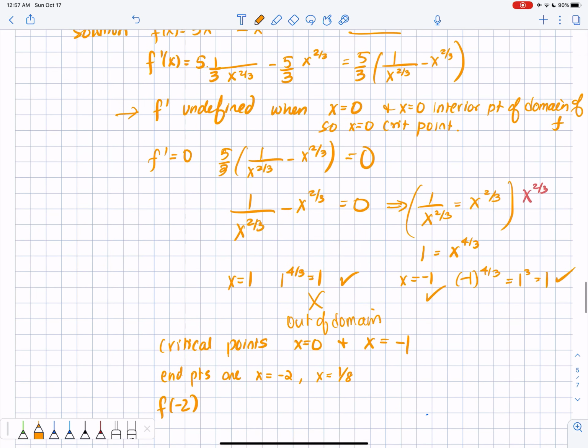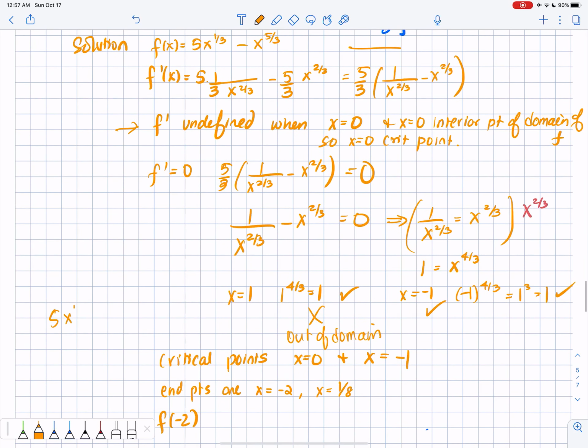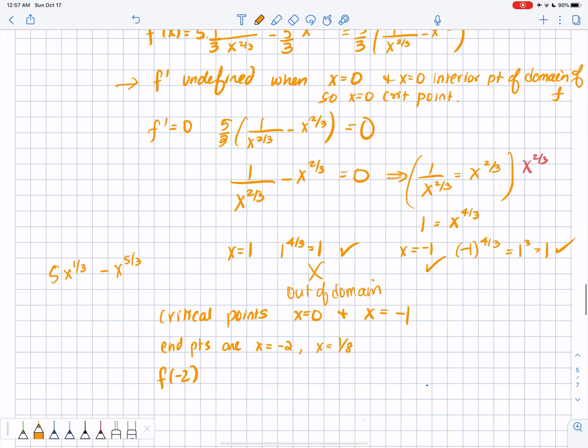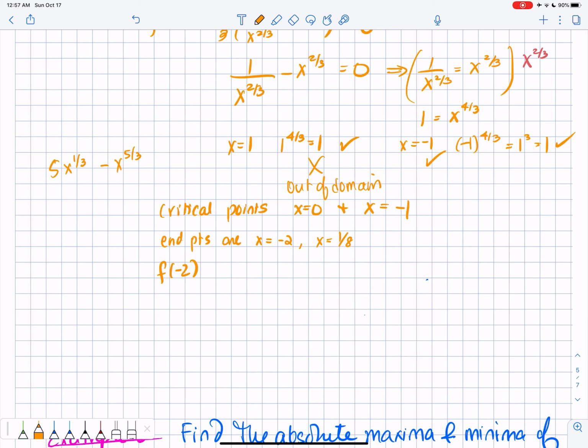Well, let's see, what is the function? 5x raised to 1/3 minus x raised to 5/3. All right, well, let's see. What will it be? 5 times negative 2 raised to 1/3 minus negative 2 raised to 5/3.